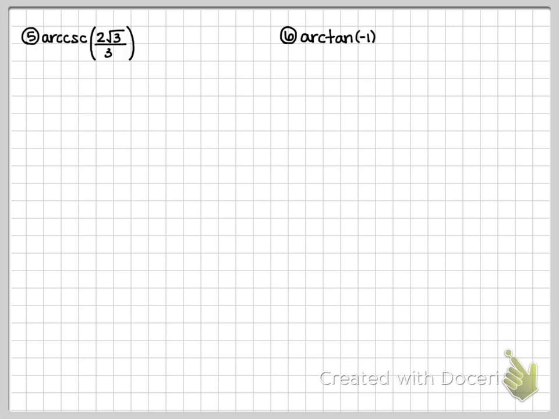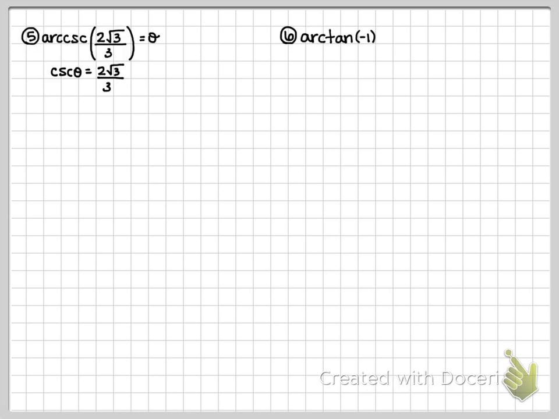All right. Number 5. So we've got arc cosecant. It's still arc in front, so I'm still looking for an angle. That means that cosecant of some angle is supposed to be 2√3/3. Now, we have to do a little bit more thinking. Based off of what we did in 4.6 with the graphing, we know that cosecant exists everywhere that sine does not, except for the extrema points.